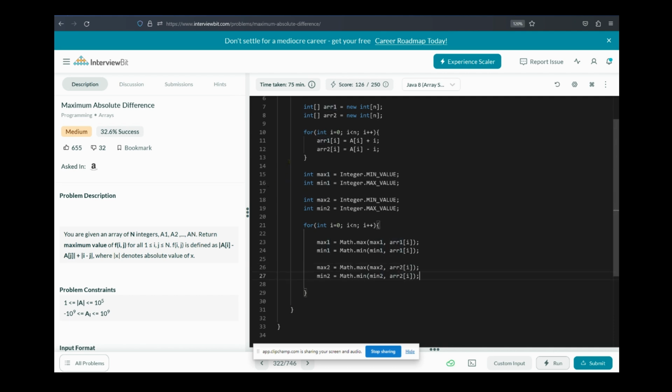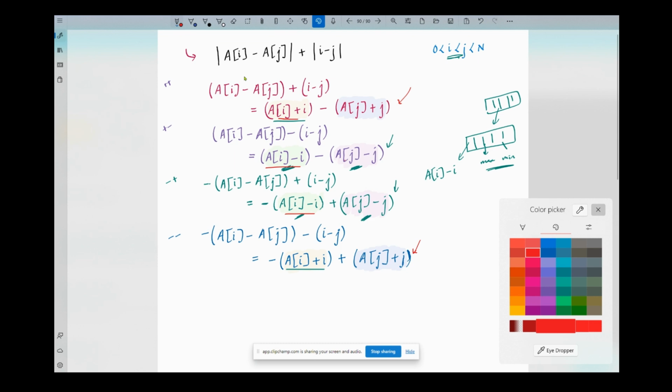Basically we are finding the maximum value and the minimum value in the two arrays, array 1 and array 2. These two arrays contain the value which is array of I plus I for every index, array of I minus I for every index. And then the answer is going to be either max 1 minus min 1, which means we are saying that it's either the difference between these two values, which is equivalent of saying the difference between these two values.